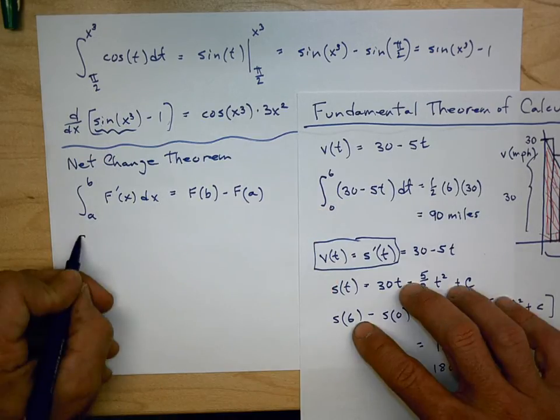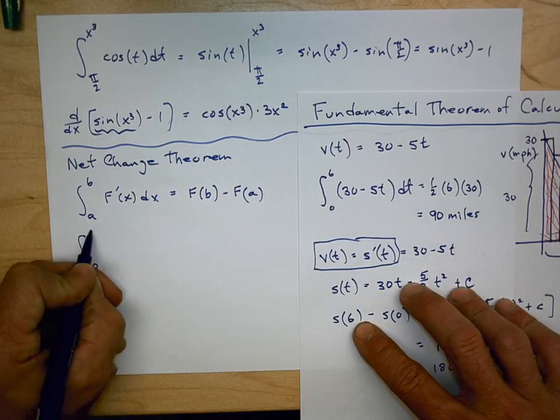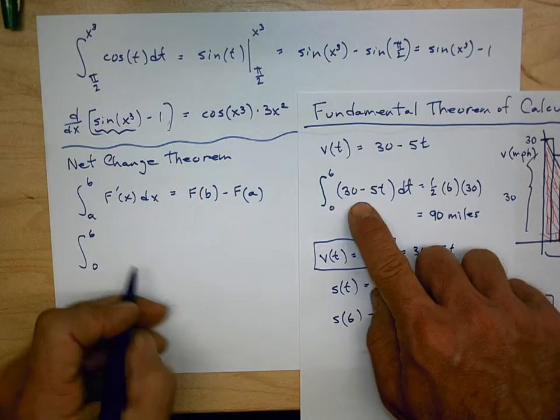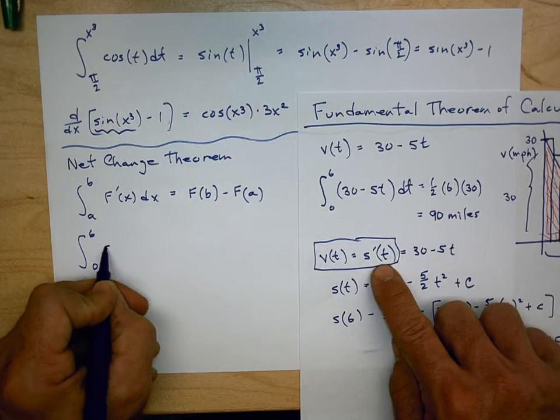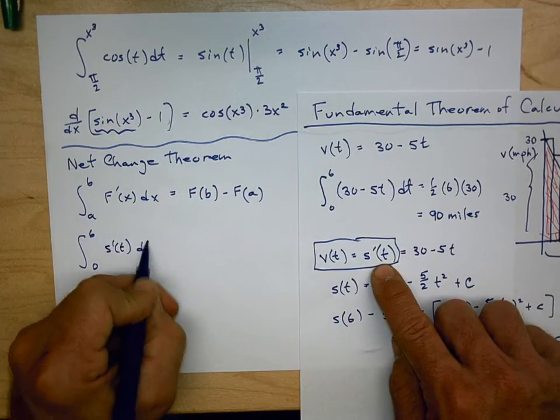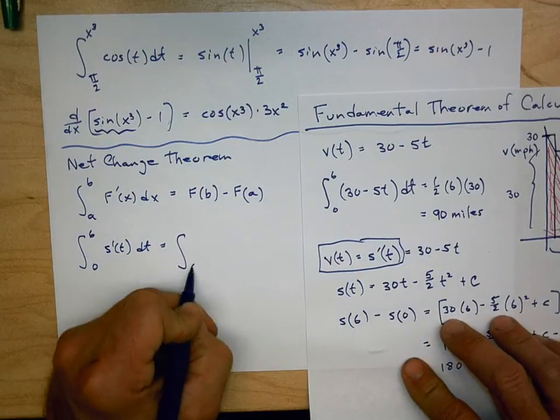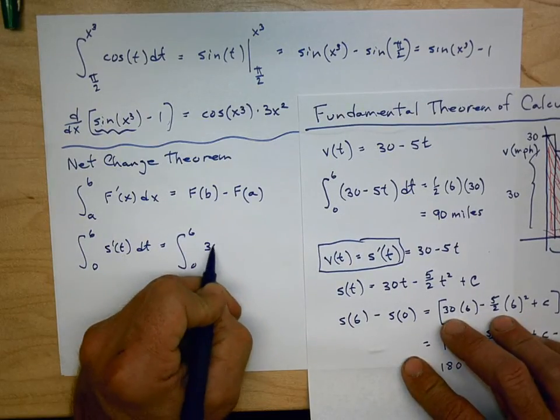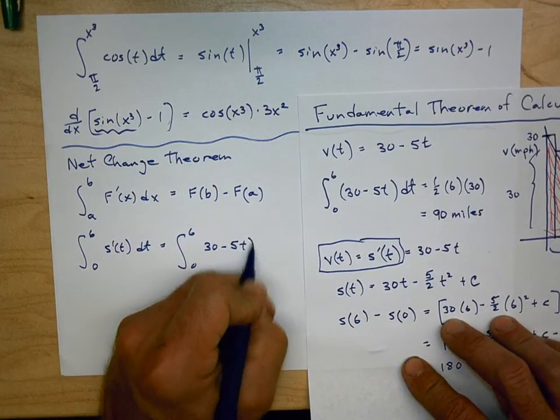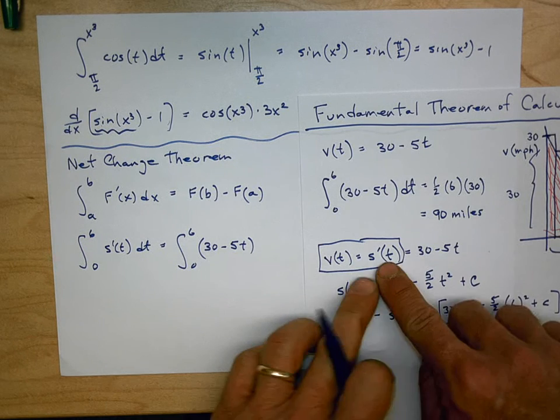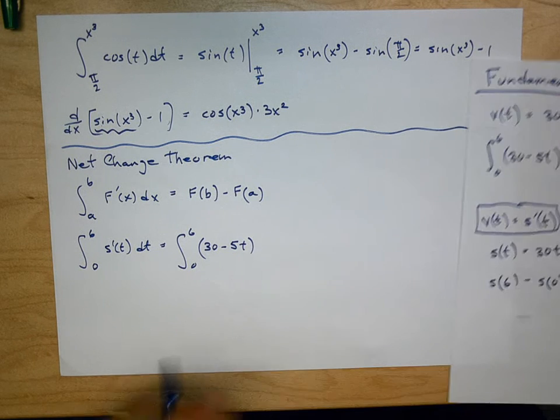So I had taken the integral from 0 to 6 of s prime of t dt, or 0 to 6 of 30 minus 5t. That's the velocity function, which is the derivative of our position function.